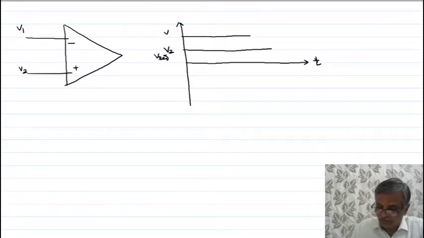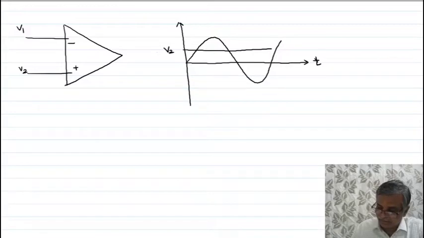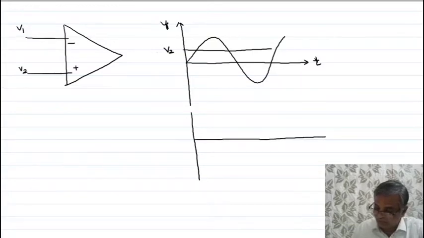This is your V1. Now suppose this V1 is a sine wave input like this. This is your input V1, and corresponding output I am showing you here.